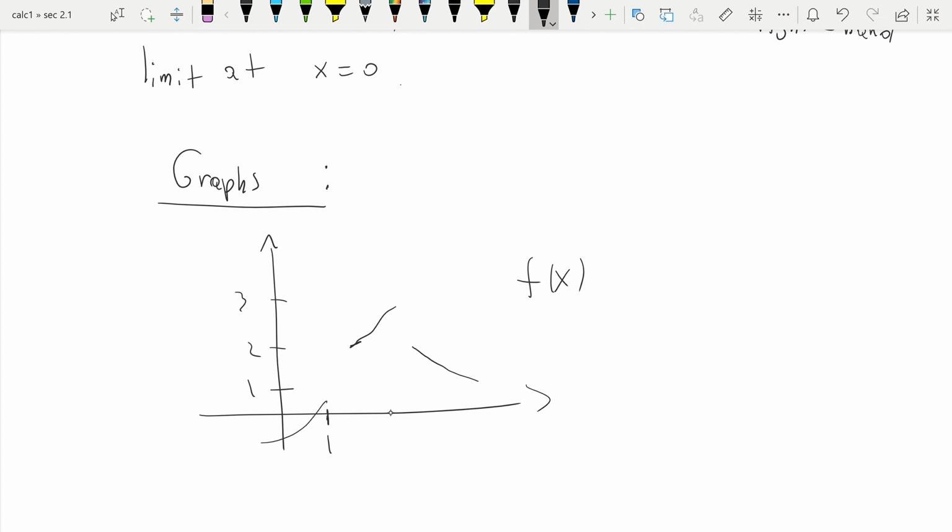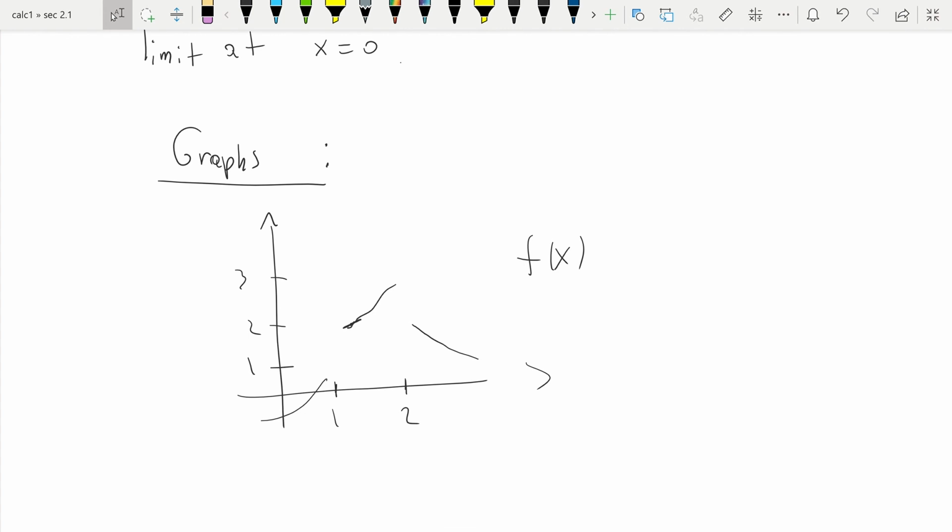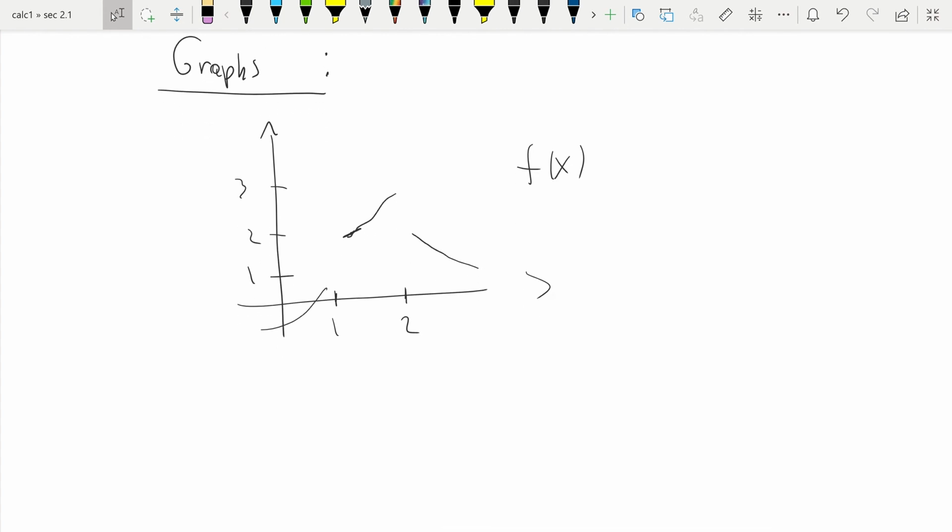Then as we approach the value 1, we can see that f is approaching either 2 or 1, depending on whether you're on the left or right hand side of 1. So what does this graph tell us?